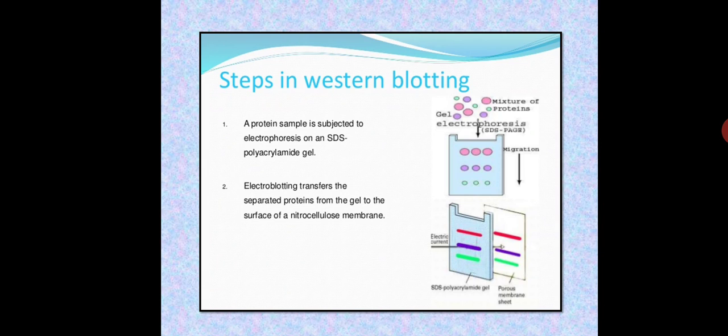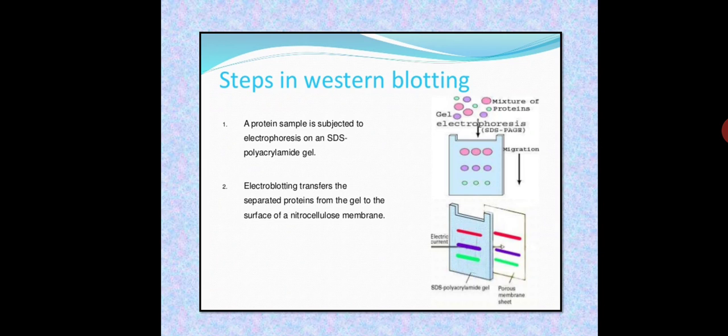For extraction, we will take the cell and treat it with a detergent, like sodium dodecyl sulfate. By this treatment the cell will break down, and all the cytosolic components will come out.